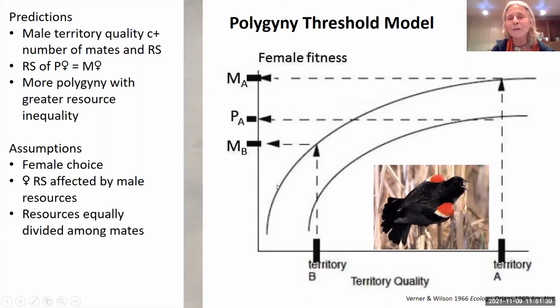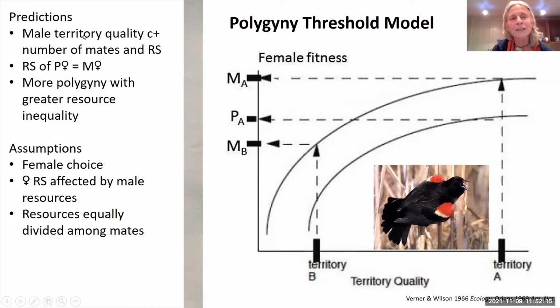But as you tweak, for example, the steepness of these curves, so the effects of male resources on female fitness, or the displacement of these two curves, which is the extent to which females co-settled with the same male interfere with each other's fitness, or the distribution of males, is it dichotomous, or is there a continuous distribution of males, and is that distribution skewed? All of these different things are going to affect how polygyny works, and that's what I'm going to be talking about in this talk.